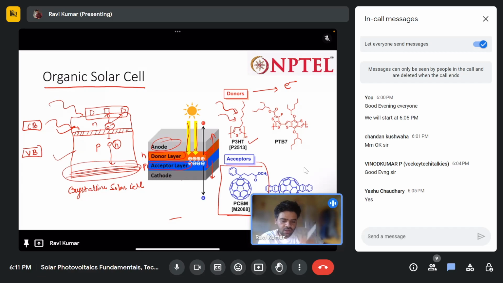If light falls on it, the electrons raise their energy, go from the valence band to the conduction band, and from the conduction band they get collected. But here there is no valence band, there is no conduction band. So we will see what the photophysics of these types of solar cells is. Any doubt here?